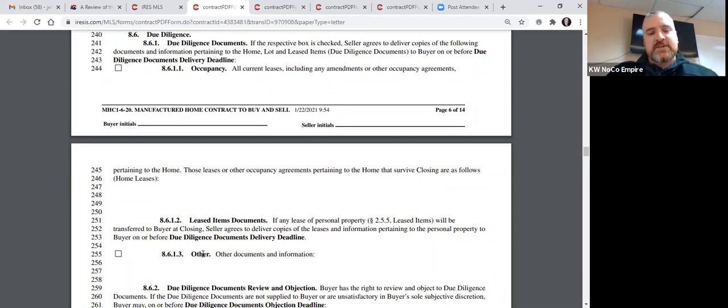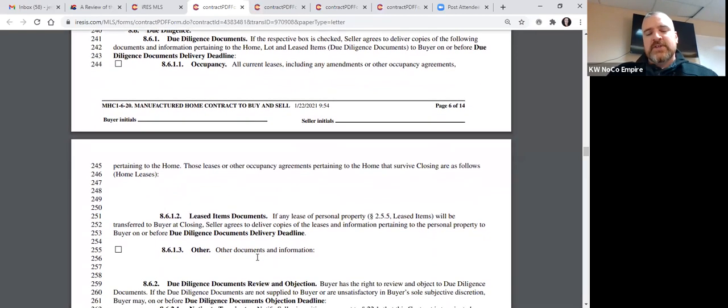Excuse me. And then 8.6.1.3 would be any of those other due diligence documents that you typically see a broker request. I was talking to Harry yesterday about some of the documents that agents write into this section, like the manuals for the fridge. If your buyer is not ever theoretically going to object to those documents, then don't put them in here.